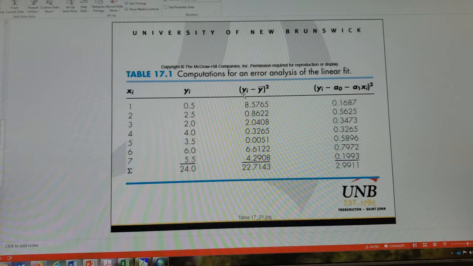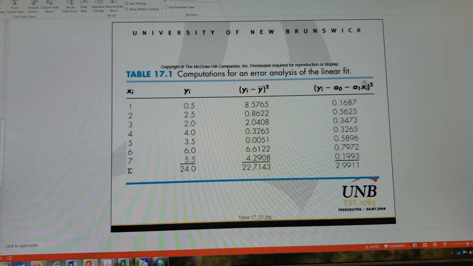So essentially, you're comparing each individual y value to the average and then squaring it. And the reason that we square it is because if you just take one minus the other, overall it'll tend towards 0. And we don't want it to go to 0. That's why we sum the squares. So this is what we call total sum of squares. We've got a total sum of the squares of the differences between each individual y value and the average.